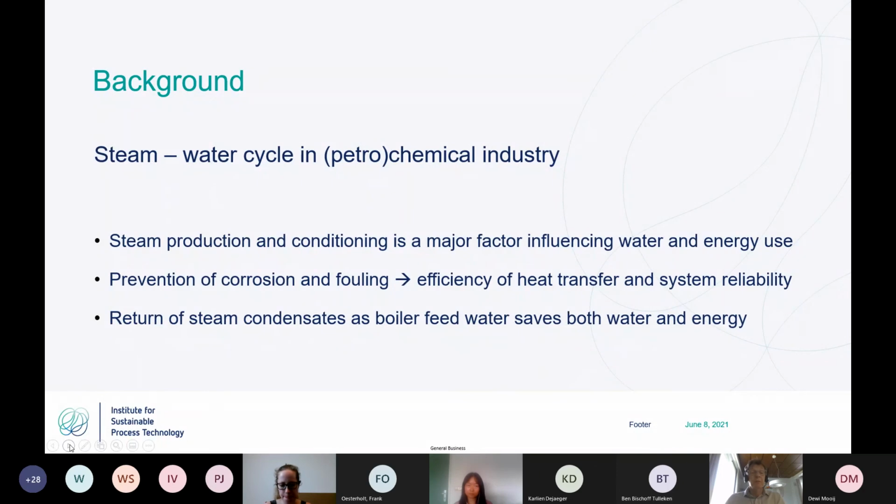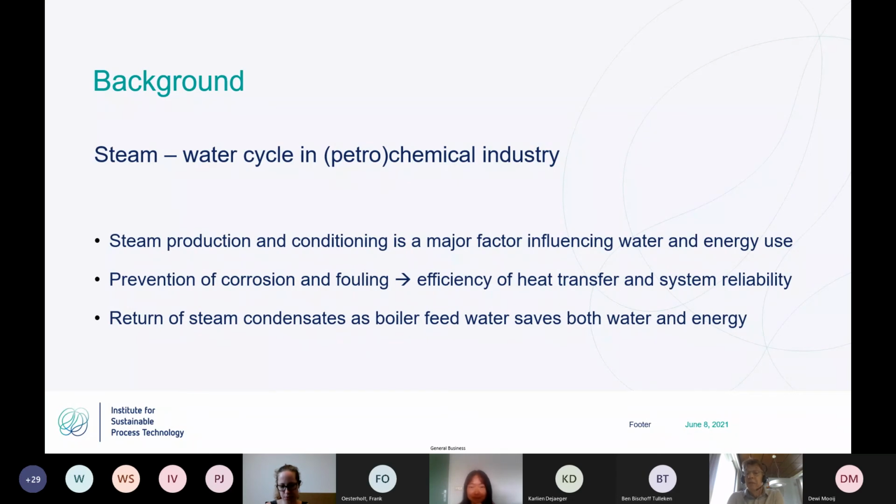As we all know, steam and water are very important in the petrochemical industry, and not only there, but this project has focused on the petrochemical area. Our ability to use water and energy efficiently is largely impacted by steam production and conditioning. You all know that heat transfer and system reliability are largely impacted by preventing corrosion, preventing fouling, and our ability to make that happen, and to reduce our usage of water and energy.